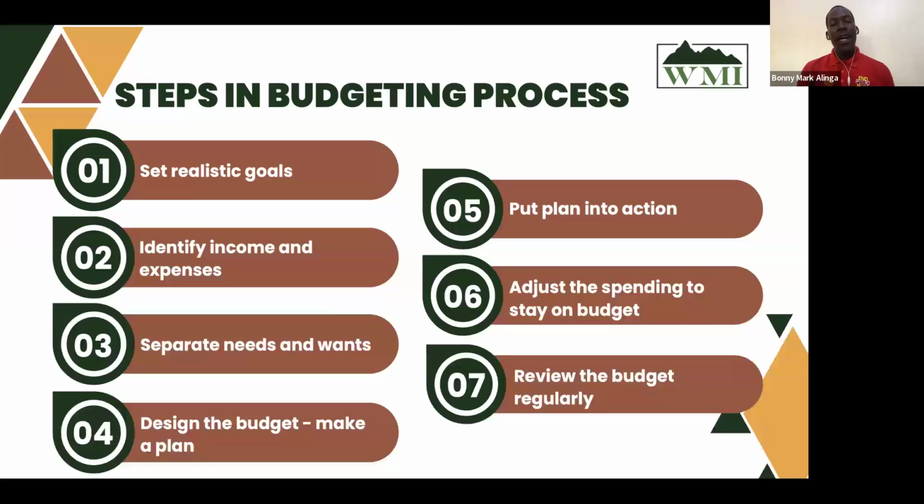As for the spending or the expenses that you are planning to spend the resources on, they should align with the goal. You should be in a position to separate the needs, because in every budgeting process we have needs and we have wants. For those of you who did economics, you will understand that there's a contrast between needs and wants. What are the priorities I'm putting into the needs, and what are the necessities for the organization, the ones that we must have for the project to run successfully?